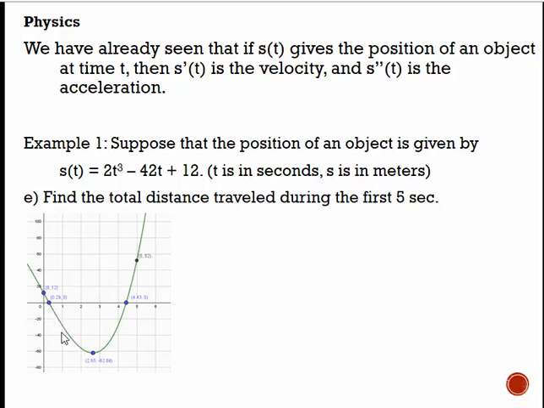And then the position goes negative to negative 62.08 if we find the min there. And then goes back in the other direction and is back to 0 at 4.43 seconds. And then at 5 seconds has moved forward to 52 meters. So we can add those parts up carefully here.